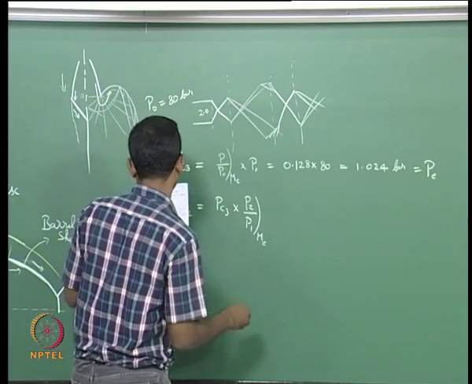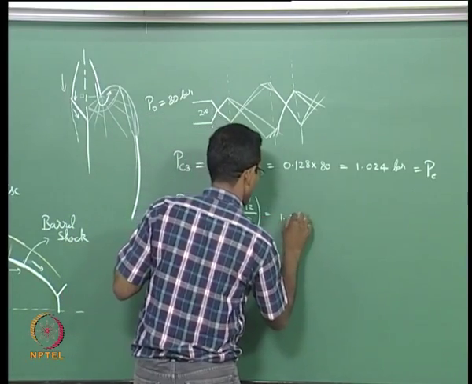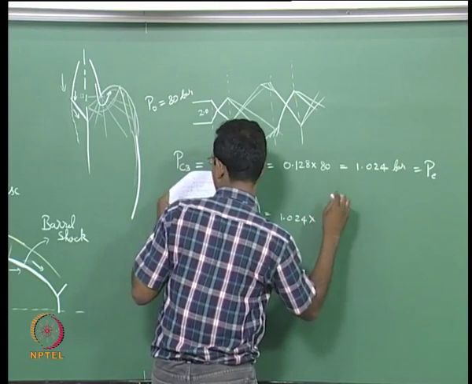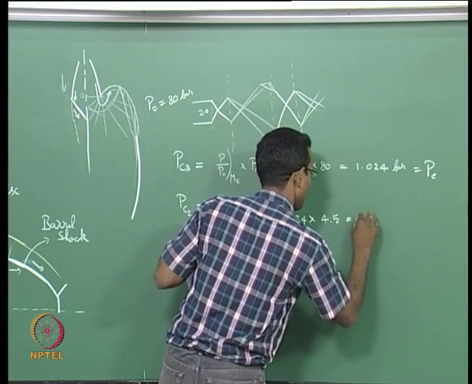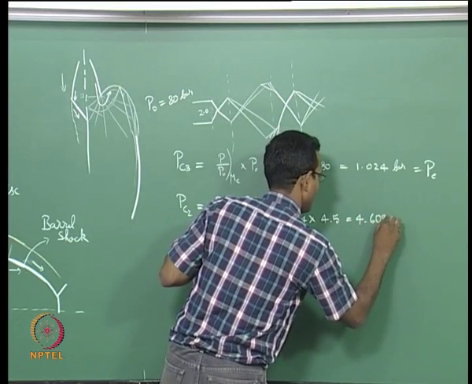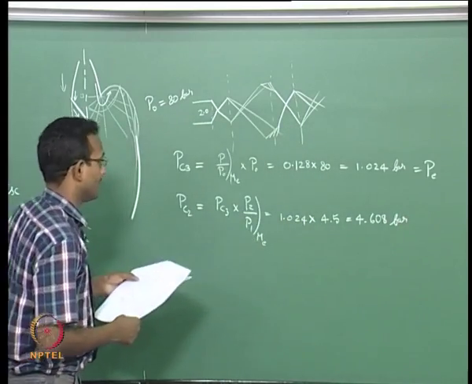Okay. This is the only change I need to do, and that happens to be 1.024 into 4.5, which is 4.608 bar. Okay. These are the numbers we have.